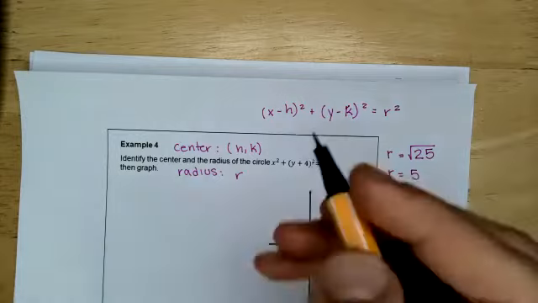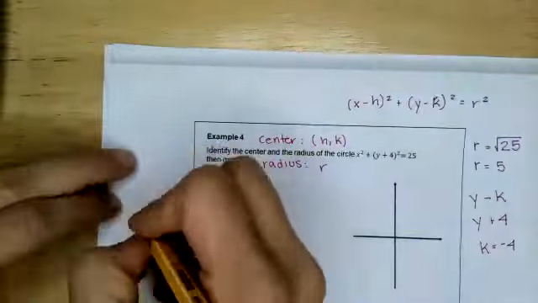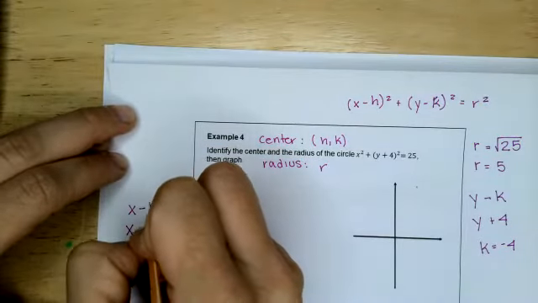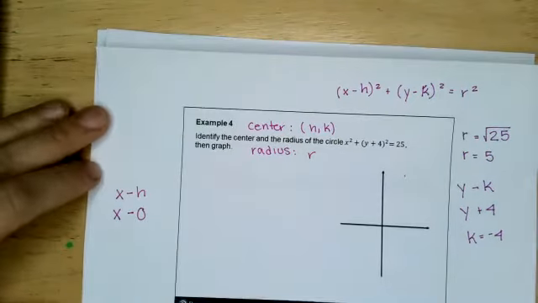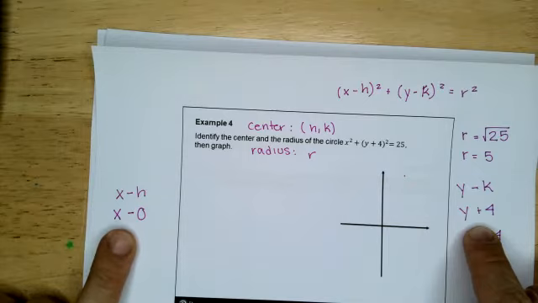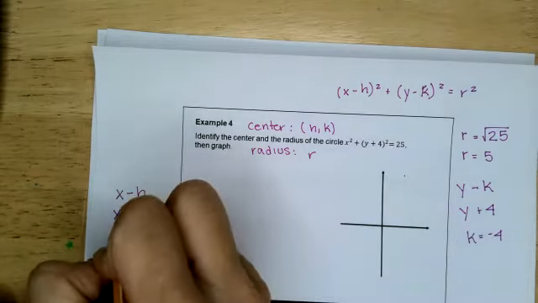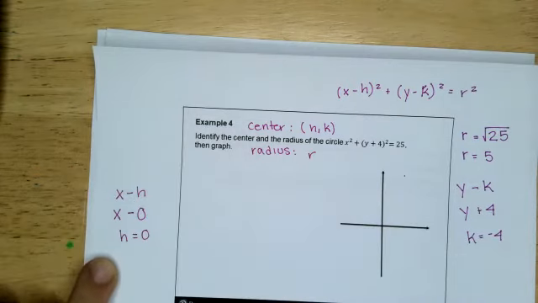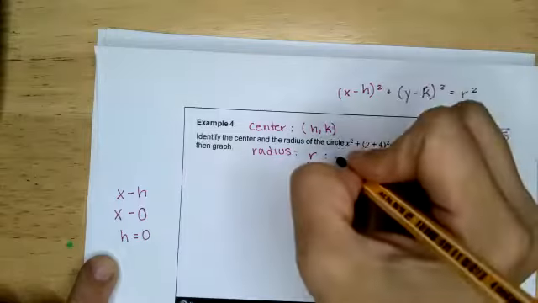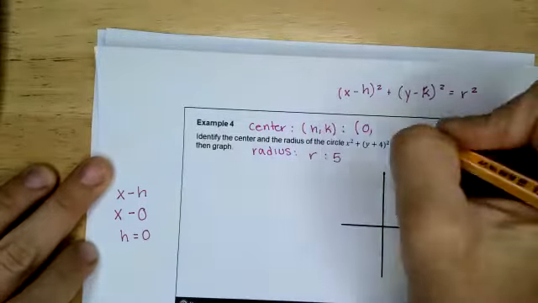So that means x minus h is the same as x plus or minus 0, right? So that means my h is 0. My radius r is 5. My center h, k is 0, -4.